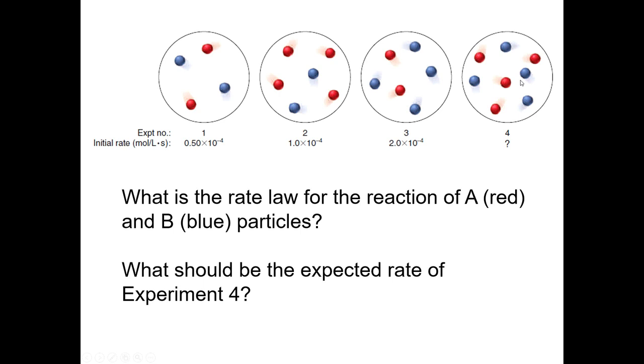So we can ignore B, it's not changing. But A is doubling, and A was first order. So if I double a first order reactant, what should happen to rate? It should also double. So if I'm starting out with a rate of 2 times 10 to the minus 4, my rate of experiment 4 should be twice that, 4 times 10 to the minus 4.